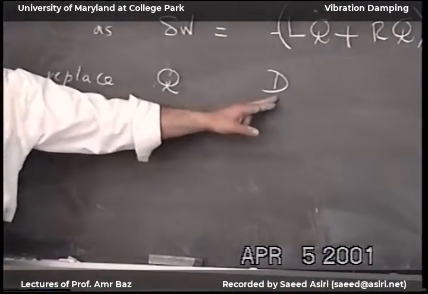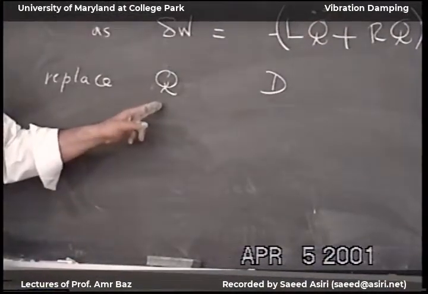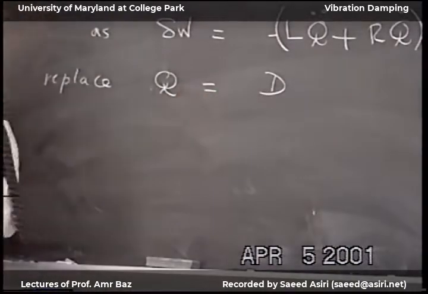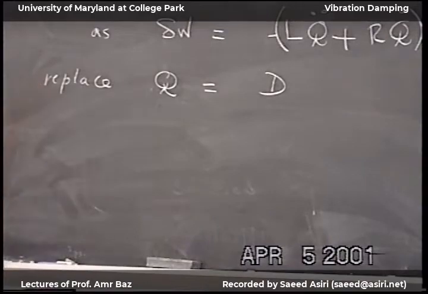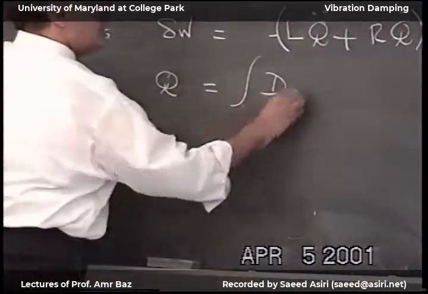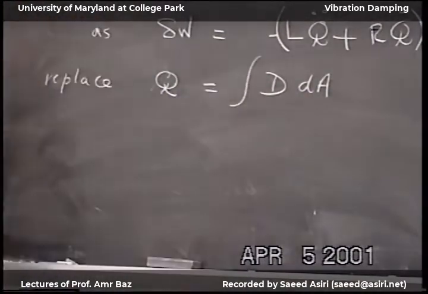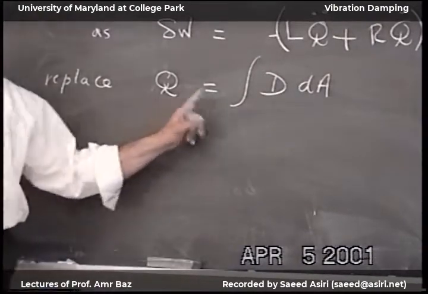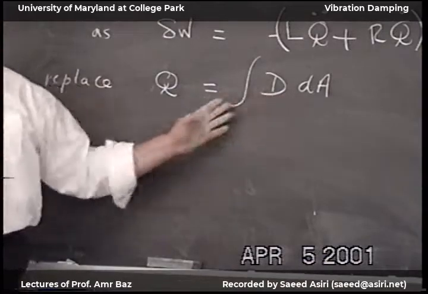Electric displacement is Q per unit area. So now I can replace each Q by the integral of Q dA. And of course, Q dot will be the integral of D dot dA, and so on.